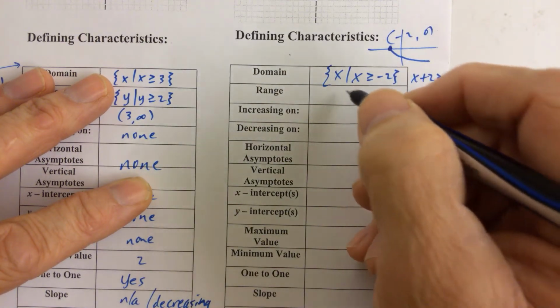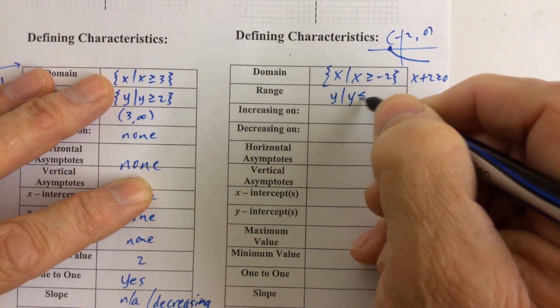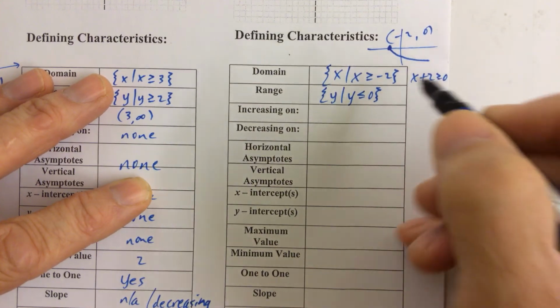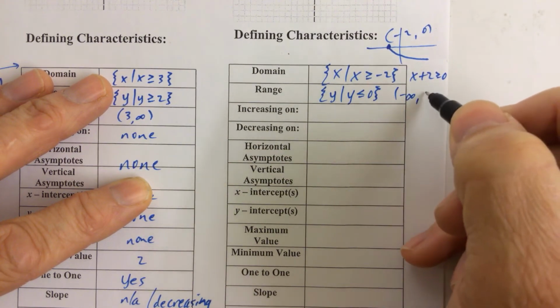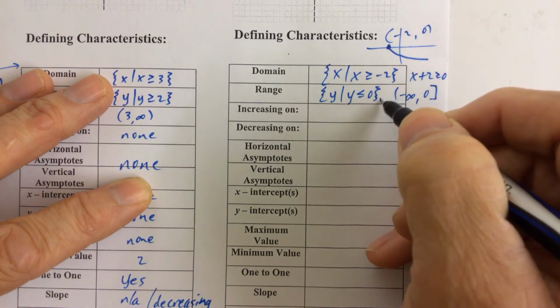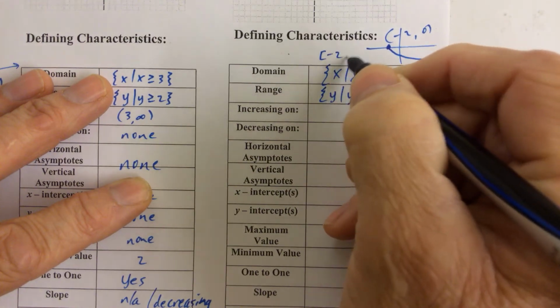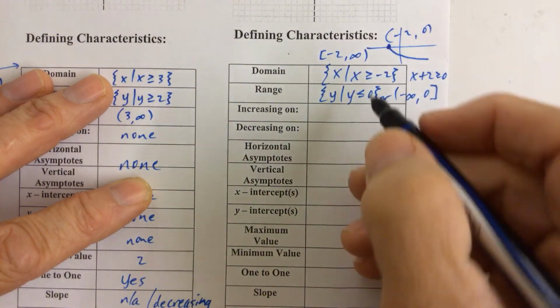And the range would be all real numbers y, such that y is less than or equal to 0. In interval notation, you would write negative infinity all the way to 0, including 0. And the domain is negative 2 to infinity, using interval notation.